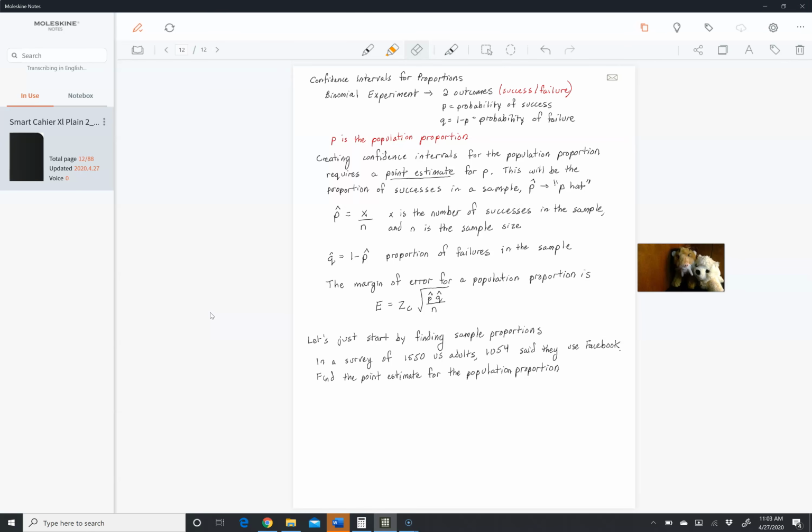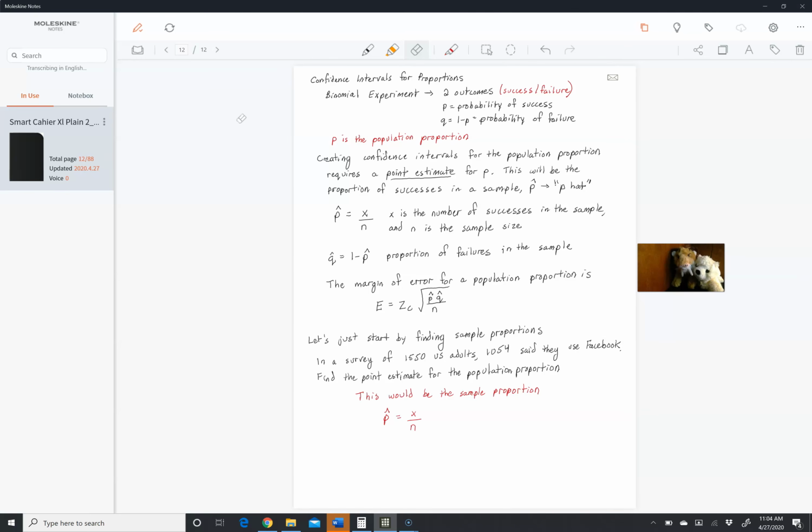Remember what this is. This is just the sample proportion. So p hat is equal to x over n.